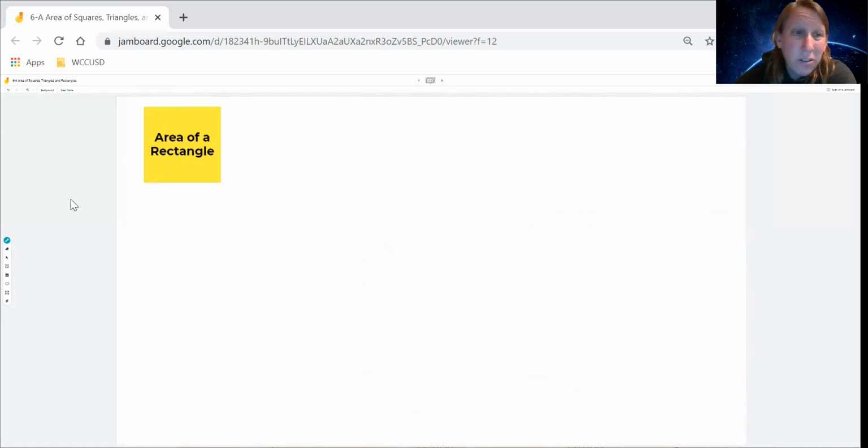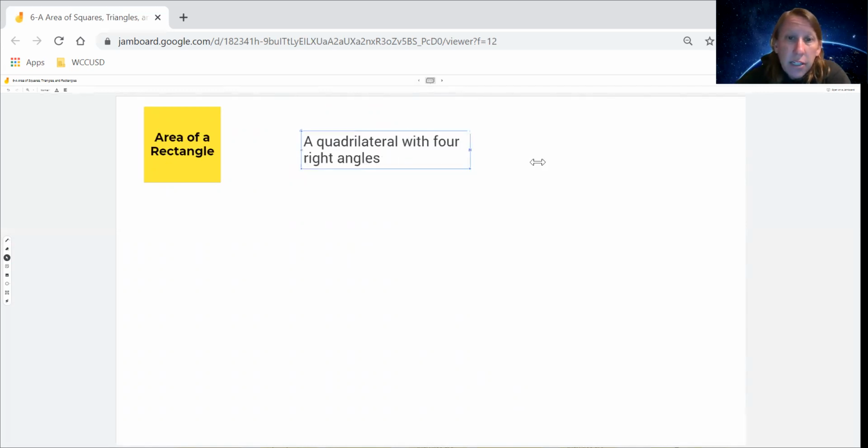So what is a rectangle? A rectangle is a quadrilateral with 4 right angles. Okay, so the word rectangle actually came from right angles. That's where the word rectangle came from originally. 4 right angles. Right angles makes a rectangle. If you're looking for a rectangle, you got to look for the right angles.